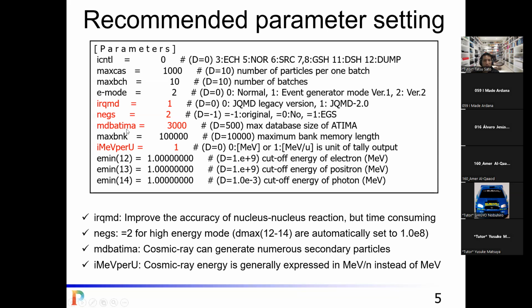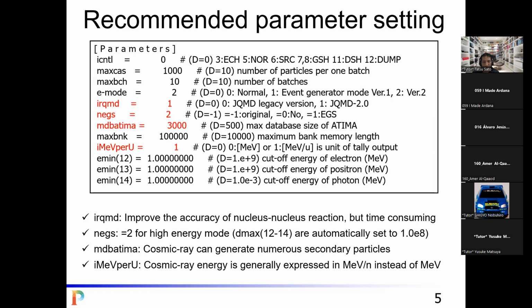And mdbatima is the maximum database size of ATIMA. When you transport cosmic rays, many varieties of secondary particles are generated. This parameter sets the maximum projectile and target combinations of the stopping power database.